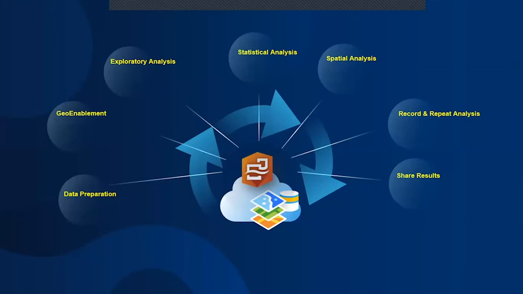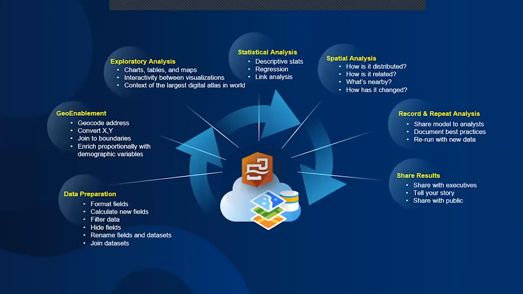After exploratory analysis, we move to statistical and spatial analysis, where using the tools and functions, we find the answers to our questions. And at the end, we would like to share the results of our analysis with others, and we can do it through pages, through reports, or through models. And today, we are going to talk about all these details.